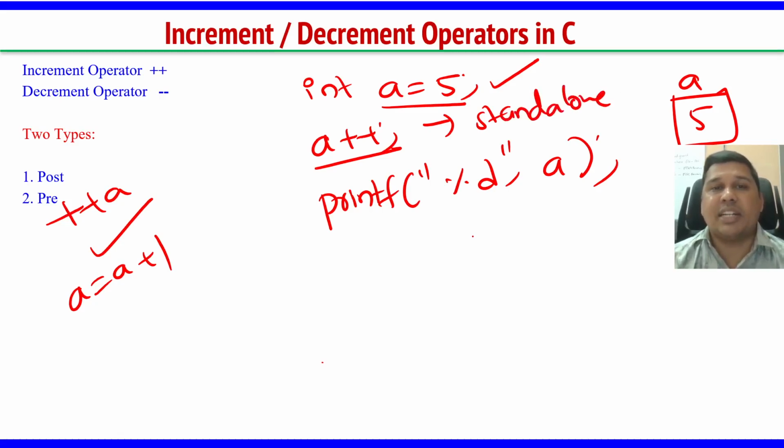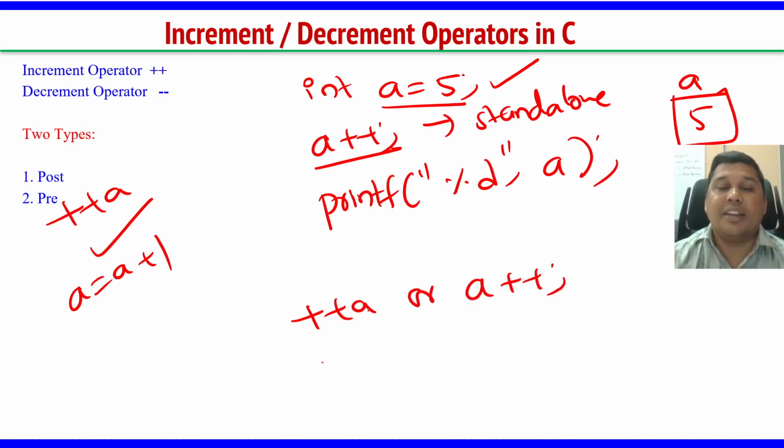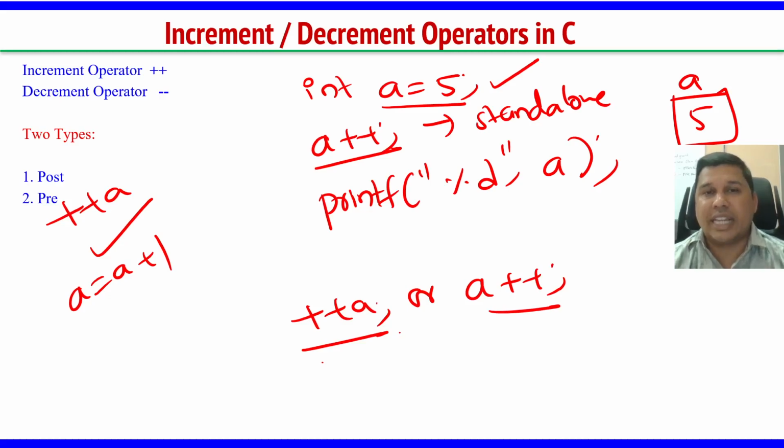Standalone statement means it is written individually, not involved in any mathematical or arithmetic expression. So whether it is ++a or a++, if it is written like this, as a standalone statement, then there is no difference between post and pre; everything is the same, that is a = a + 1.